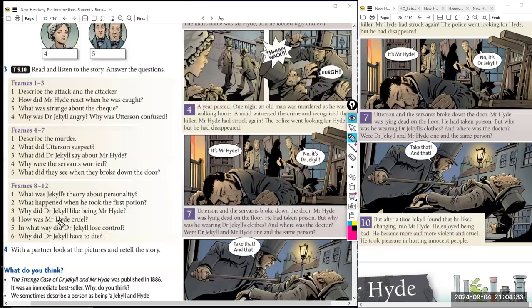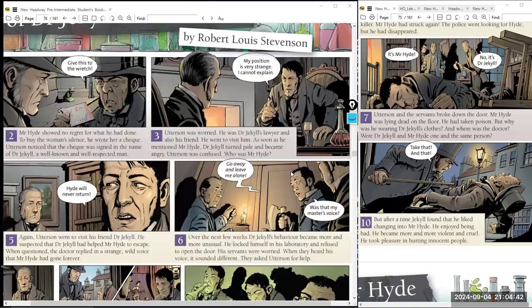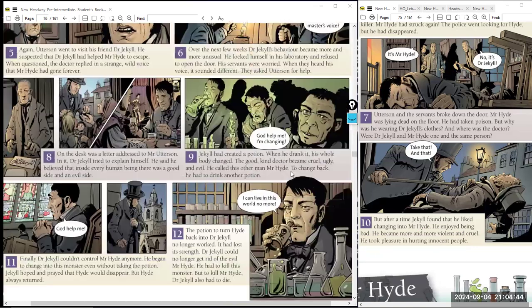Okay, now the next question is, in what way did Dr. Jekyll lose control? So he lost his control, but in what way?